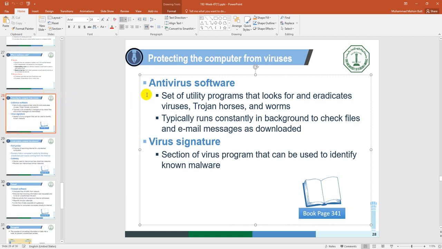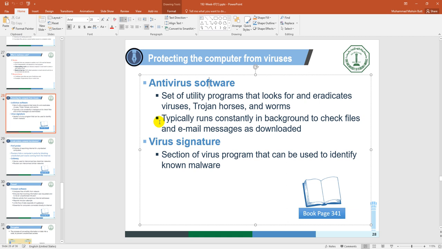To counter that, we have what we call antivirus software, which is basically a utility program that will search for and eradicate all these malwares like viruses, Trojan horses, and worms. And how this antivirus software works is with the help of virus signatures. So what are signatures? Signatures are like small patterns in the malware infected file that are used to identify what type of malware it is.